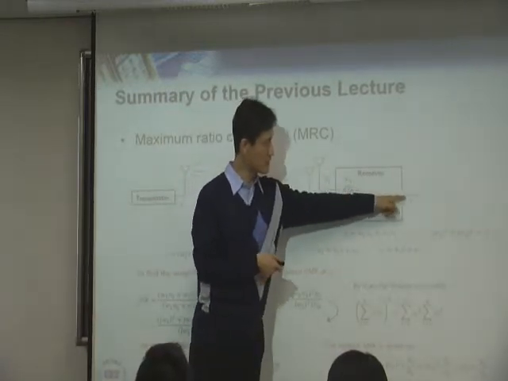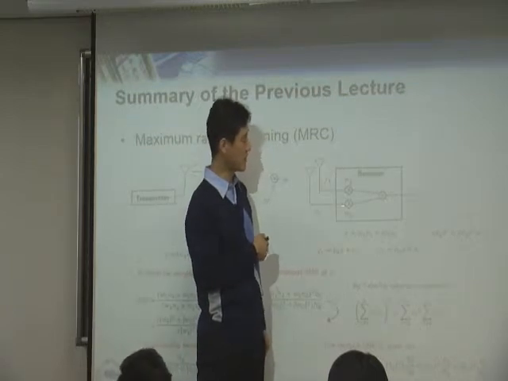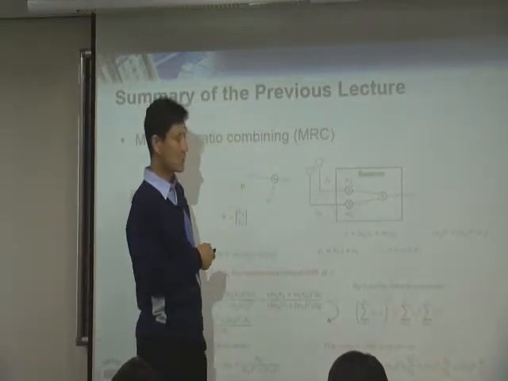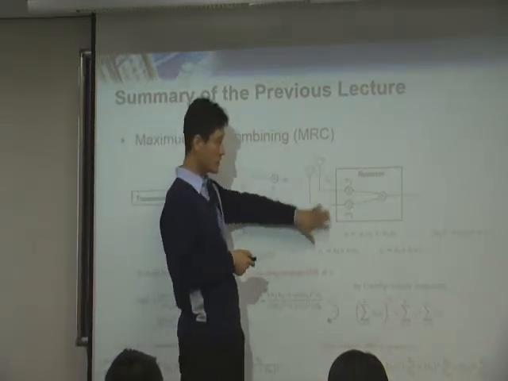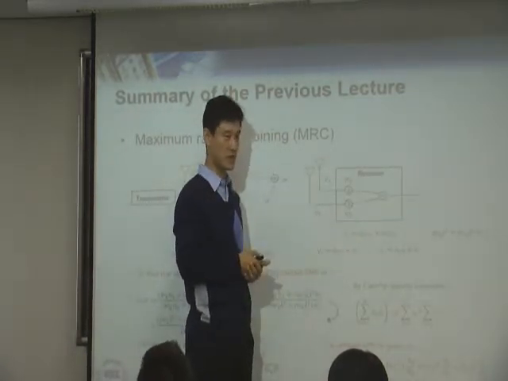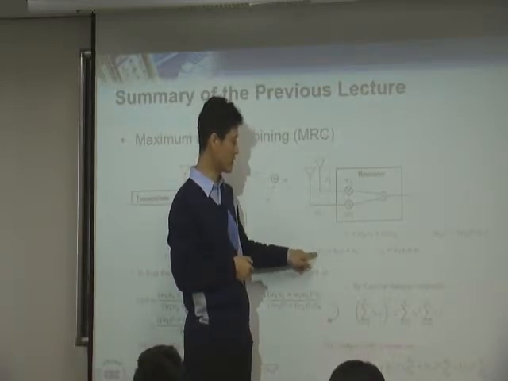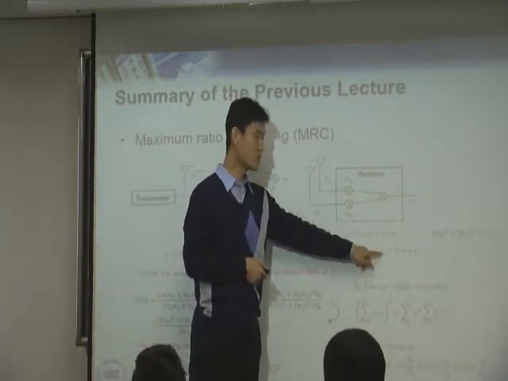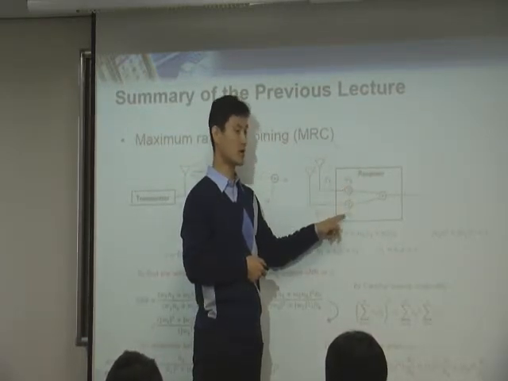But when you add them together, we want to maximize the SNR of the sum. In order to do that, what we are dealing with here are complex values. That's one thing you want to remember. Y1 is complex, Y2 is also complex, and omega 1 and omega 2, the gains, are also complex.